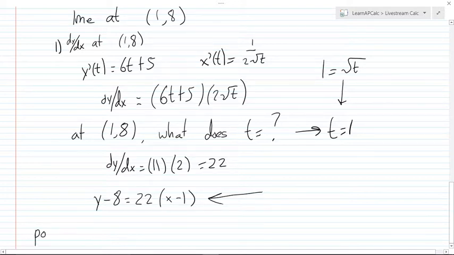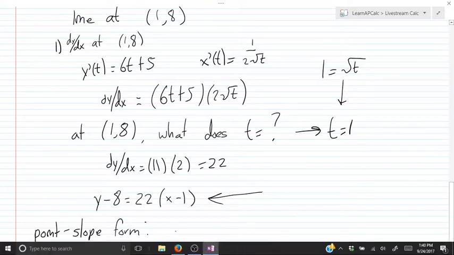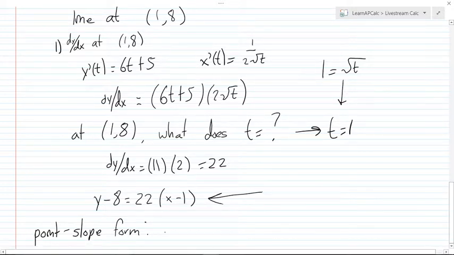This is from something that's extremely useful in AP Calculus, and this is point-slope form. So you might be used to something else called slope-intercept form, and this is y equals mx plus b.